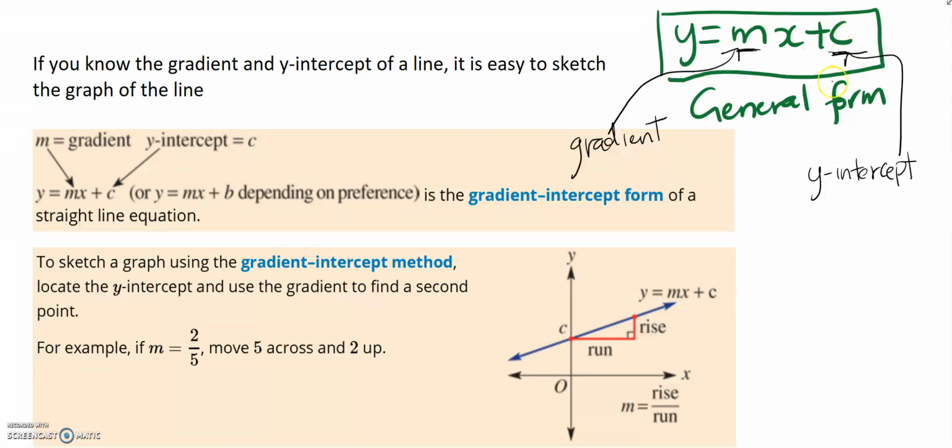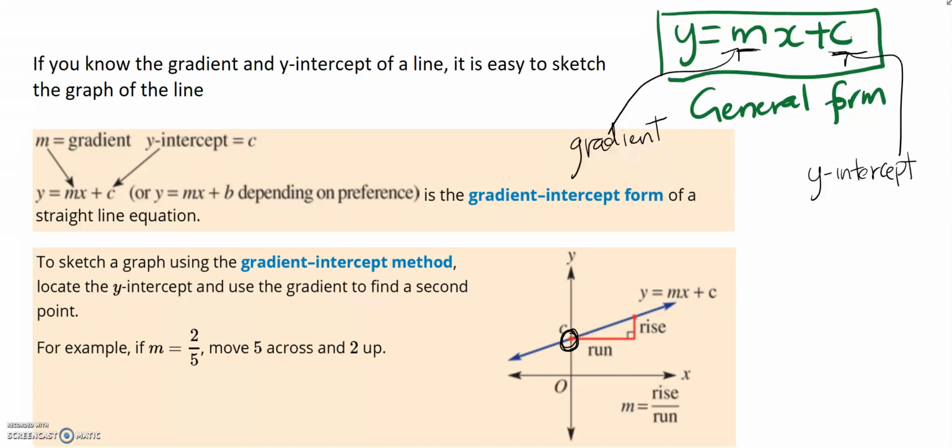So c is basically the y-intercept, the place where the line cuts the y-axis, just like the example in this picture. If you're given a gradient and a y-intercept, you can use those two pieces of information to plot and draw a line.